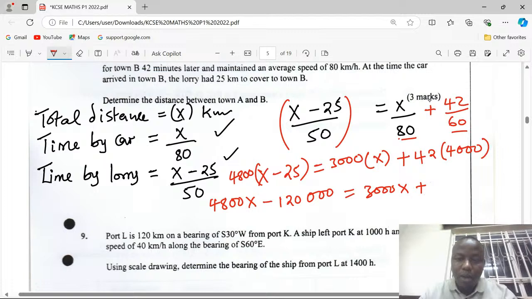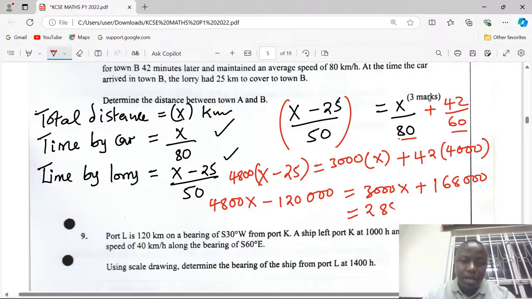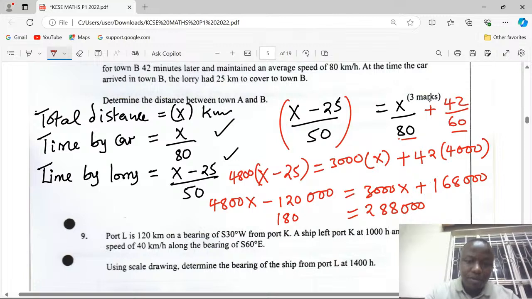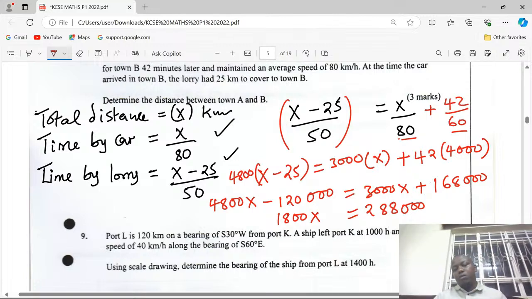This is 168,000. So we can add 120 and have 288,000 equals 4800x minus 3000x, or 1800x. We now divide 288,000 by 1800, and I'm getting the value of x as exactly 160.